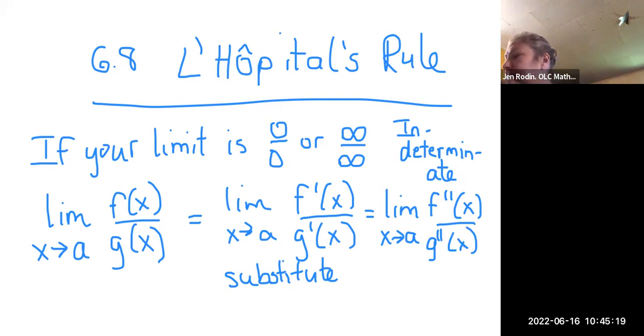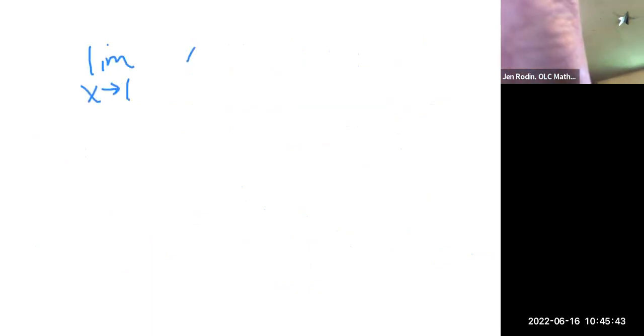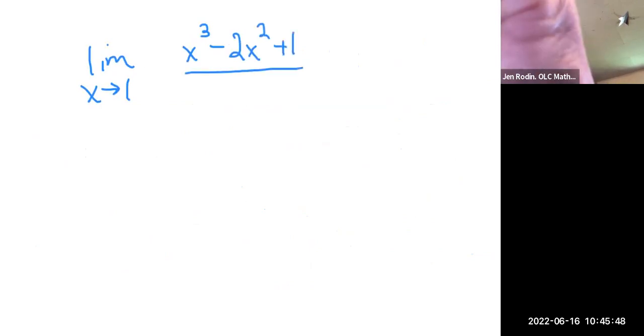So let me explain what I'm talking about. Let me do one that doesn't have lns or anything in there for starters. Oh, this one, I love this. This is a good starter. So the limit as x approaches 1 of x to the third minus 2x squared plus 1. This is kind of an old school one that we did in Calc 1.